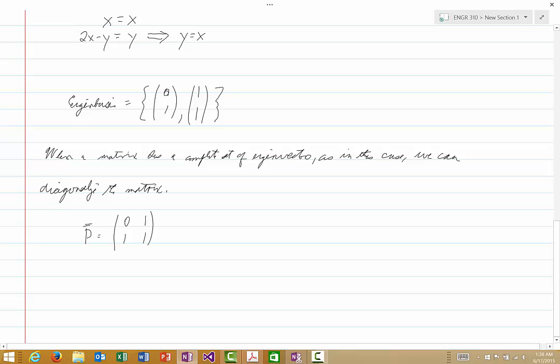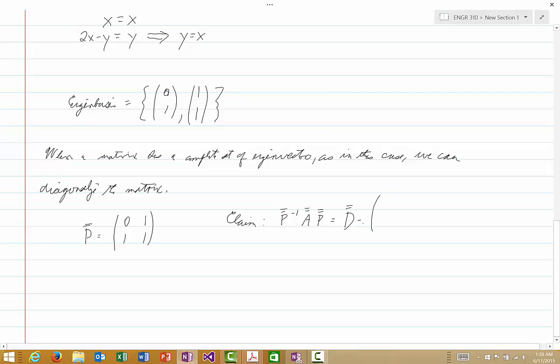And now the claim is that P inverse AP is equal to a diagonal matrix.